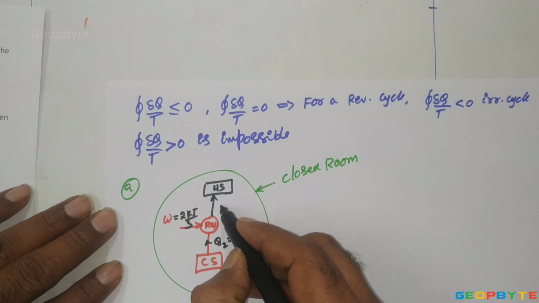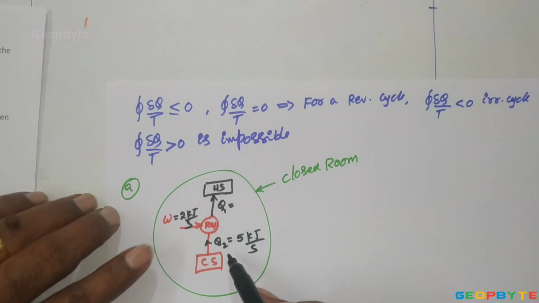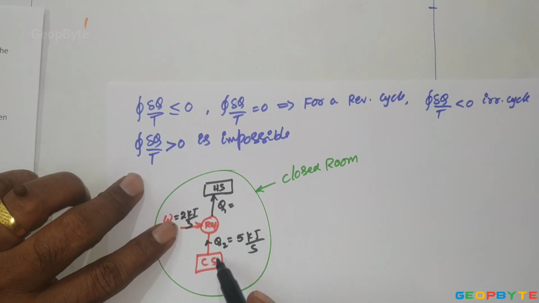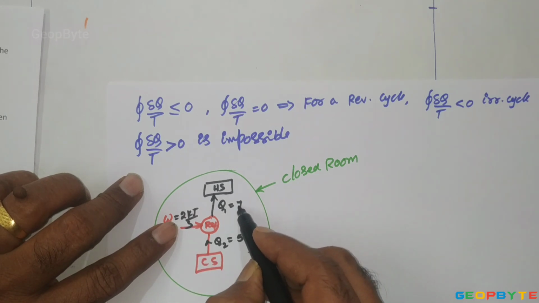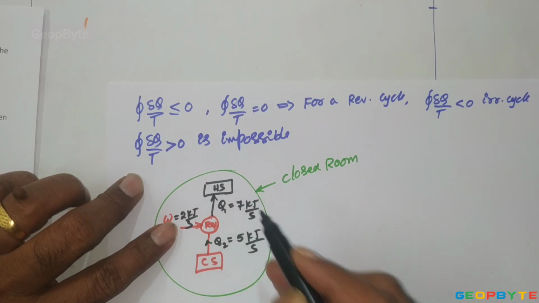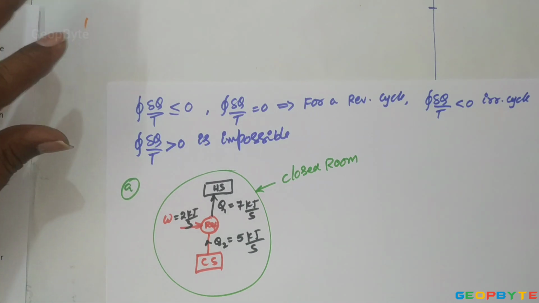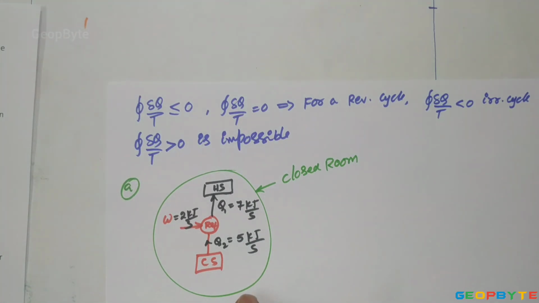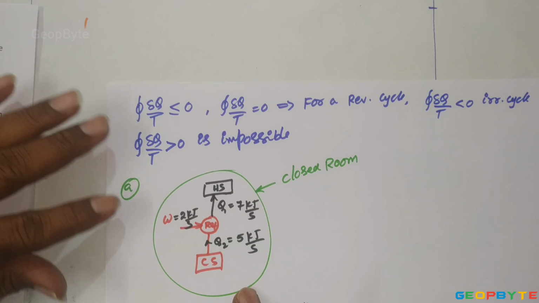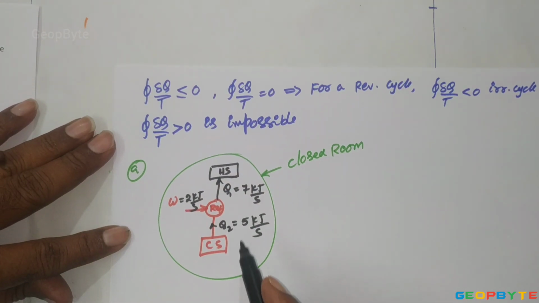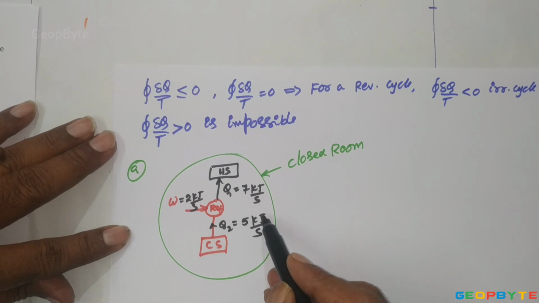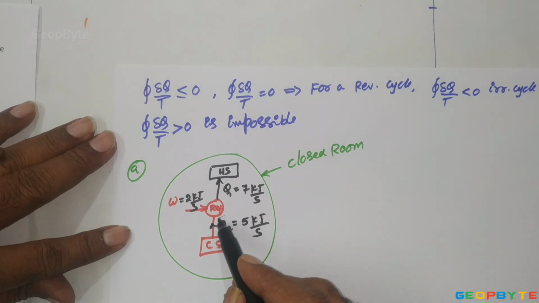The heat dumped is Q1, from the energy balance equation: sum of the energy entering equals heat leaving the refrigerator, 2 plus 5, 7 kilojoules per second. It is given that the refrigerator is kept in a closed room and the door is opened while the refrigerator is running. Once the door is opened, one side cooling effect takes place.